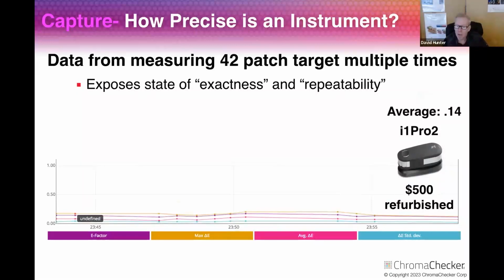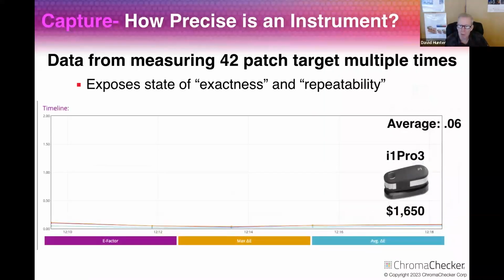And you can see the i1 Pro 2 got significantly better than the i1 Pro 1, over twice as precise as the i1 Pro 1. And we can quantify its value as well. Here's the i1 Pro 3. Again, a nice improvement. You see how the lines keep getting lower and lower. That means it's more repeatable and more consistent.